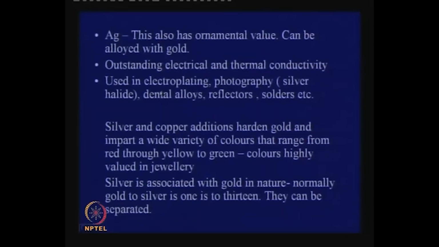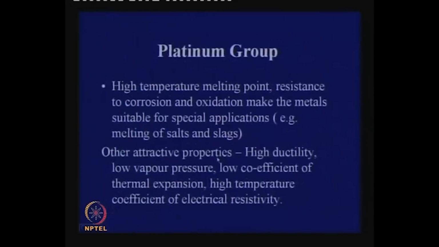It finds application in electroplating, photography, reflectors, dental alloys, all kinds of things. And silver has to be there in gold to harden it. And silver and copper can produce a range of colors from yellow to green in gold.